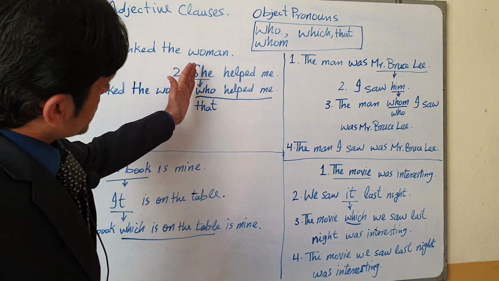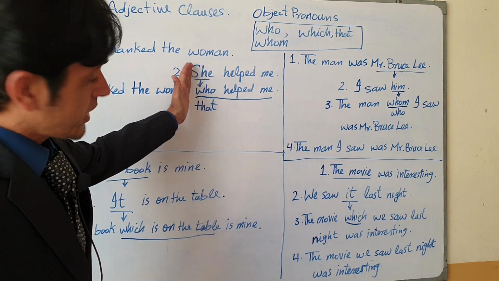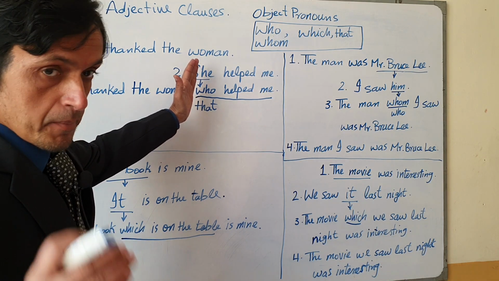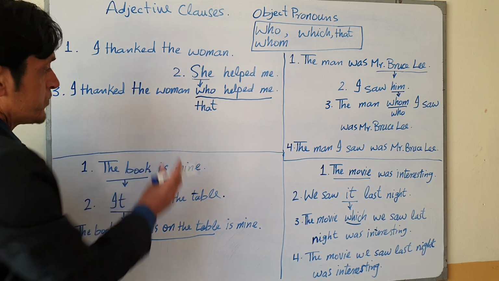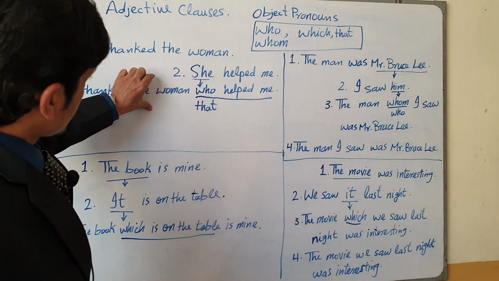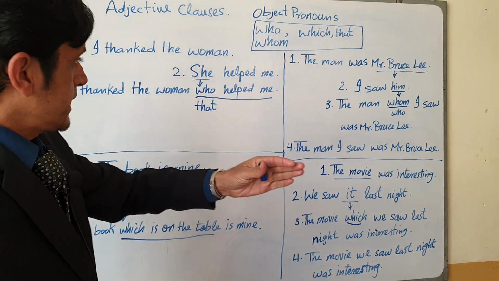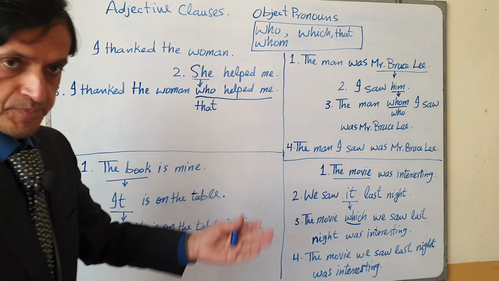So the adjective clause who helped me, which is a dependent clause, needs a main clause, and the main clause is this one from here up to there. When we put this adjective clause into the main clause, the meaning will be completely clear. In this way: I thanked the woman who helped me.